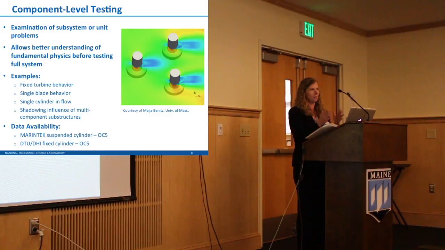You may say there have been lots of tests of fixed cylinders in basins over the years. But with offshore wind systems, the properties of the cylinders may change. A lot of the fixed cylinder tests assume an infinite cylinder and infinite water depth, but here we have cylinders that pierce the water, some that are very shallow, some that are fat, and those properties change how the hydrodynamics look on those systems.